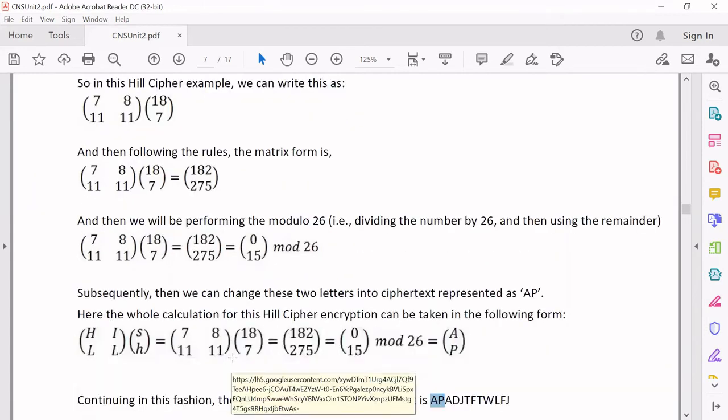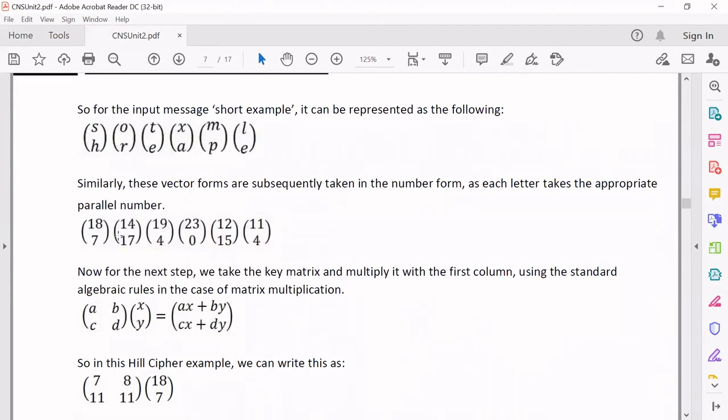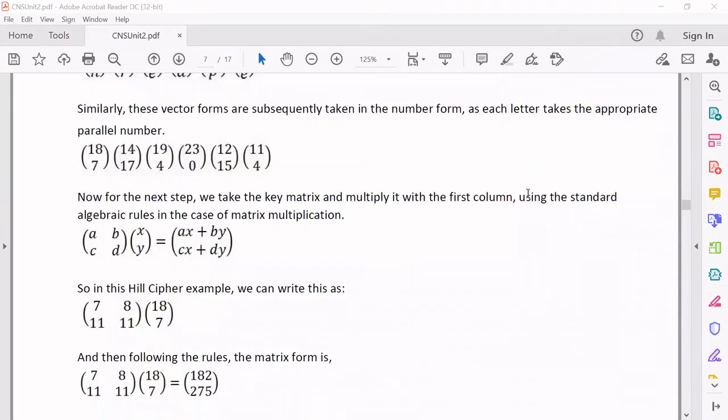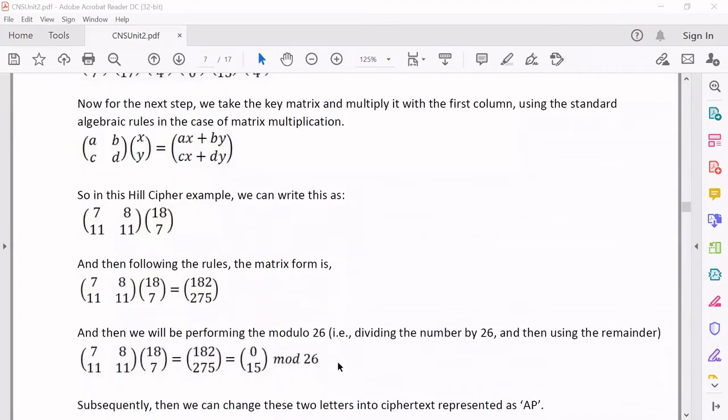Same thing, again we have to do it with the second value, that is 14 and 17. So you will be multiplying the key 7, 8, 11, 11 with, instead of 18 and 7, now 14 and 17. After multiplying you will get the corresponding values, and then you have to take the modulo 26 value.